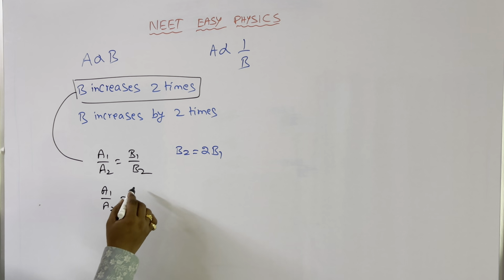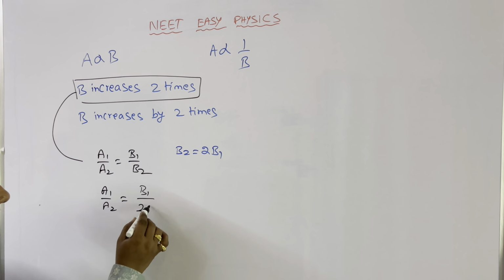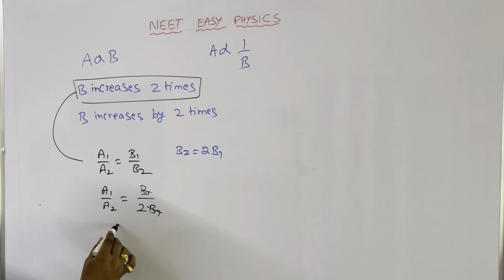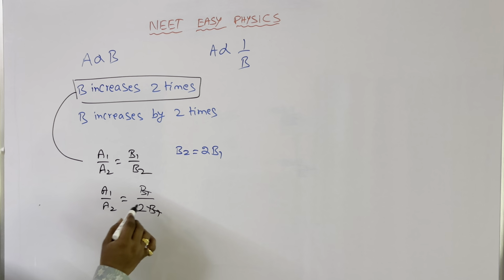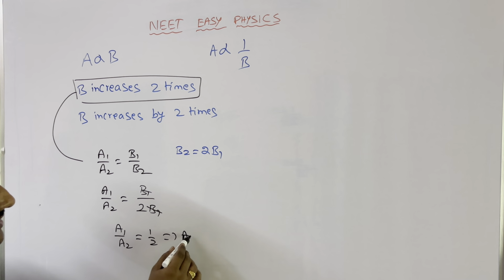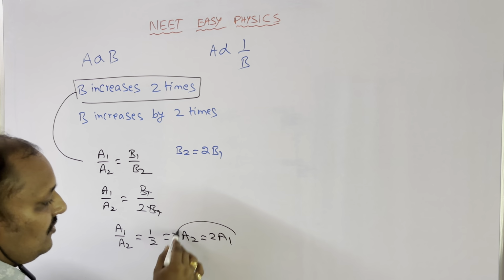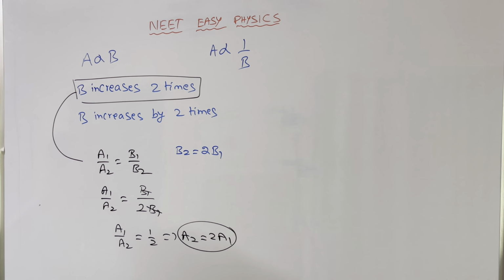Therefore, we write B1 by 2B1. If you cancel B1 and B1, then A1 by A2 is 1 by 2, then A2 is going to become 2A1. In exam, you need not do all these things. Directly we can say the answer.